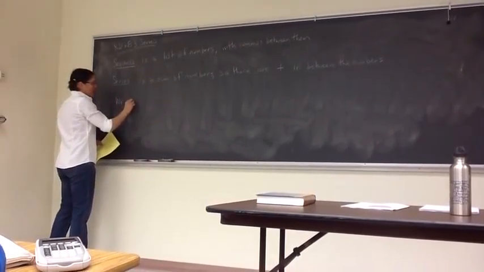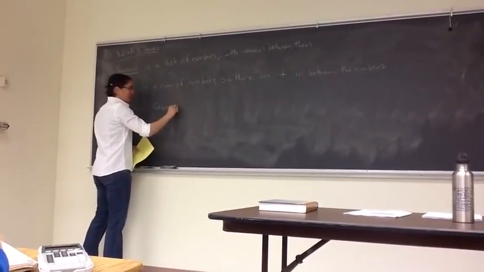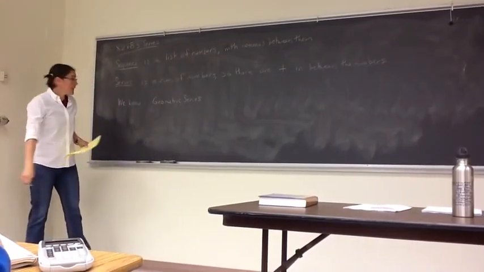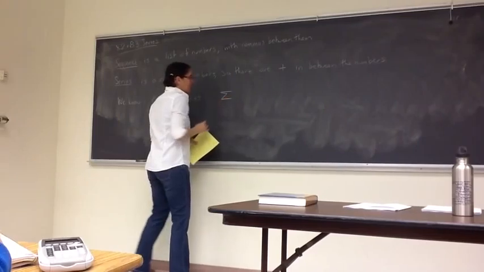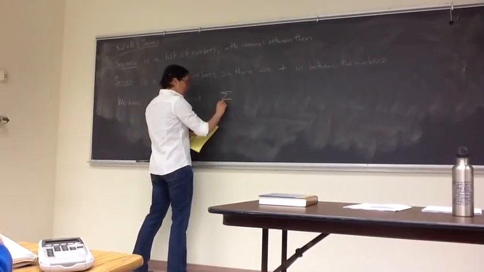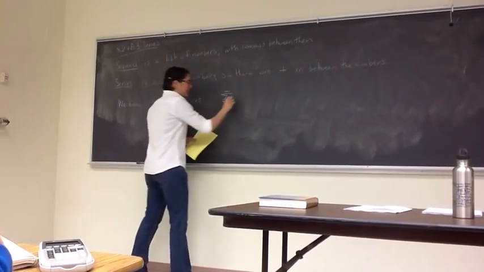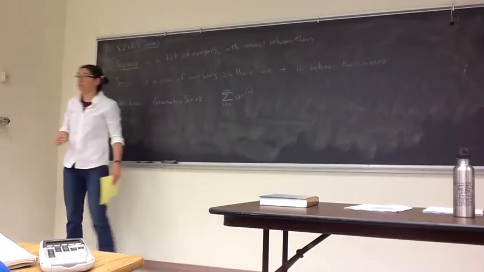And so as of right now, we know about the geometric series. And the geometric series is a series that's of the form the sum where i goes from 1 up to infinity of a r to the i minus 1.